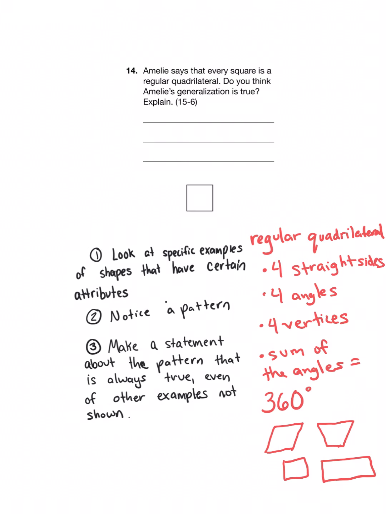The sum of the angles, meaning when we add this angle plus this angle plus this angle plus this angle, it's going to equal 360 degrees. Okay, so now your job is to think about Emily's generalization and decide whether or not she's correct, and then write me a sentence that explains why.